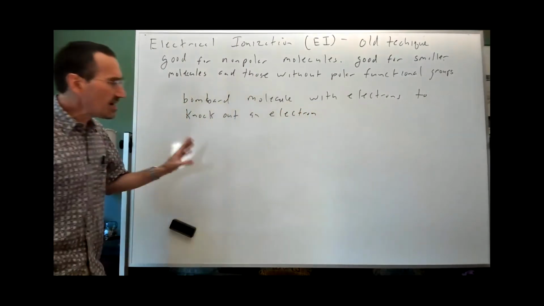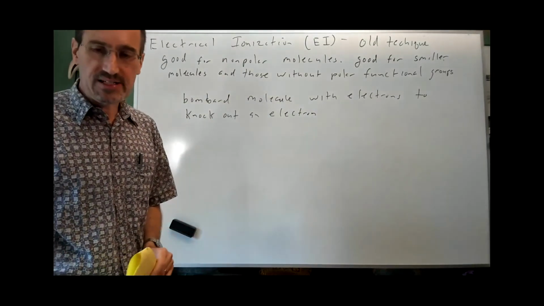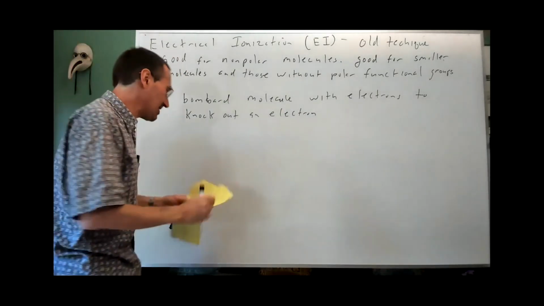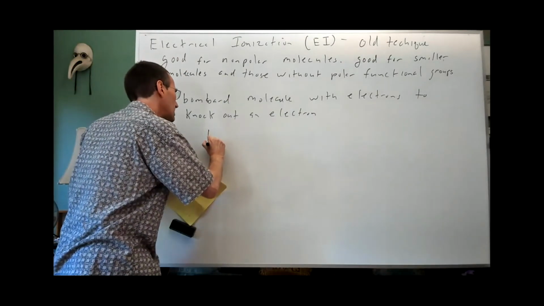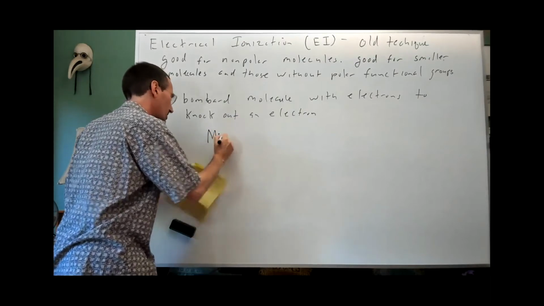And once again, I'm going to mess with the inner sophomore in all of us by writing an equation and a structure that should mess you up. So let's start, and I'll write a molecule with a couple of lone pairs of electrons.